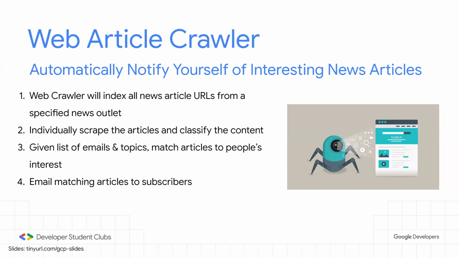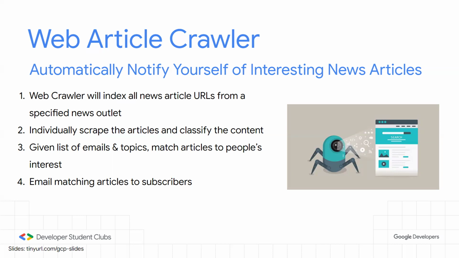It'll create that list and you'll be able to match that up with a new subscriber list. Now this comes down to matching these articles with your preferences. You will be able to add your own preferences and your emails into this project. For instance, you say, hey, I would like to get a daily email about anything that has to do with soccer news or video games or whatever your hobby may be.